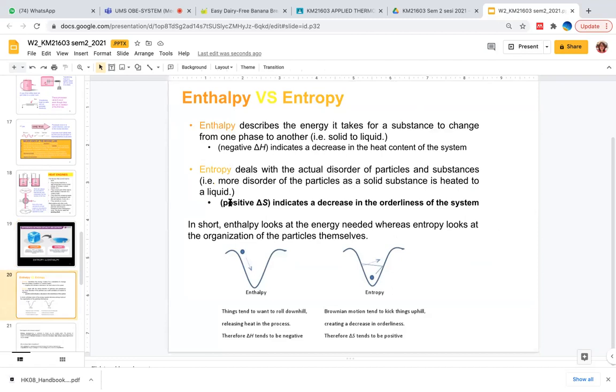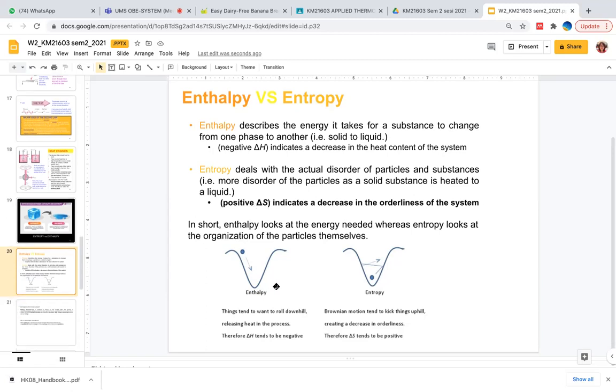A positive change means the orderliness of the system decreases. In short, enthalpy looks at the energy needed, whereas entropy looks at the organization of the particles themselves.